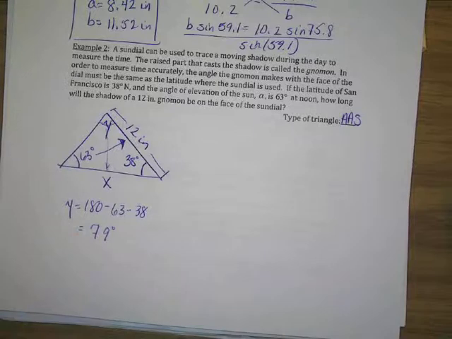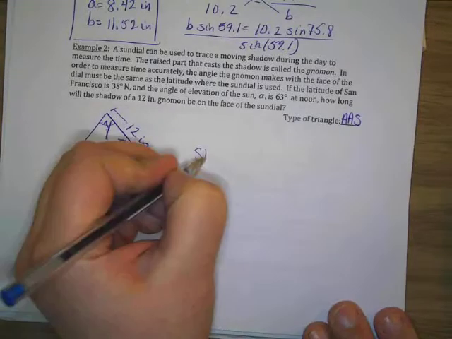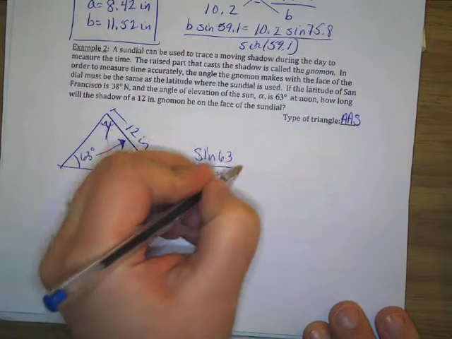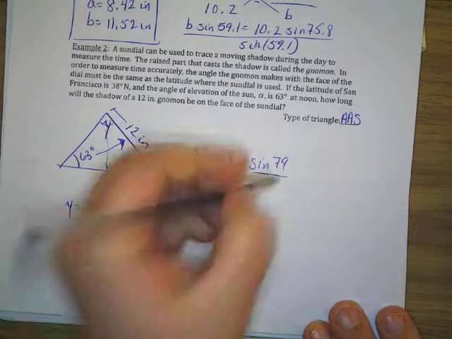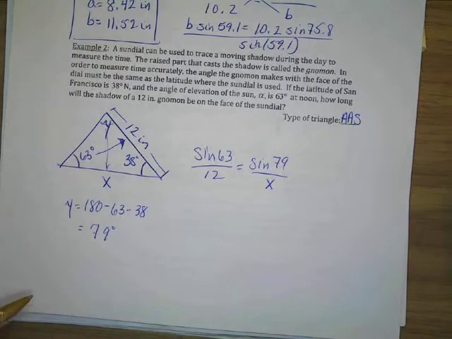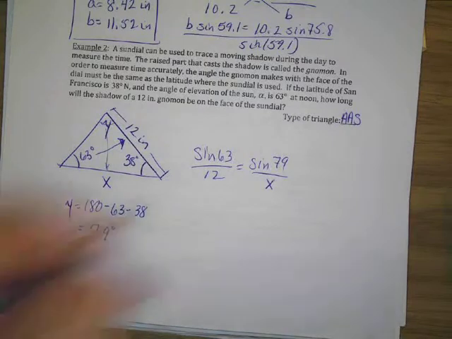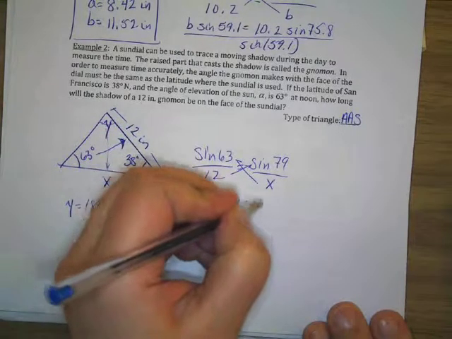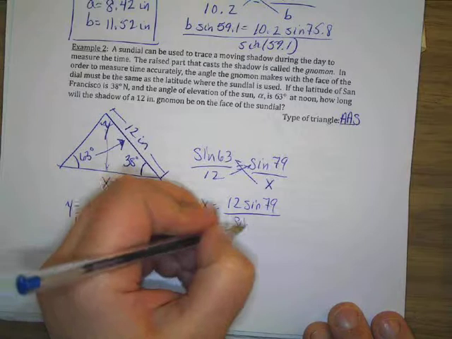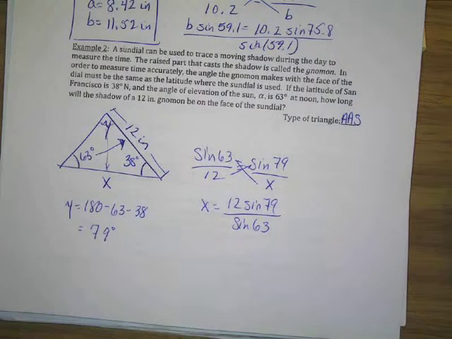And now we're going to use that to find our shadow length. So we're going to say the sine of 63 over 12 equals the sine of 79 over, we don't know. What do we do? Cross multiply and divide. Make sure you typed your things in right.